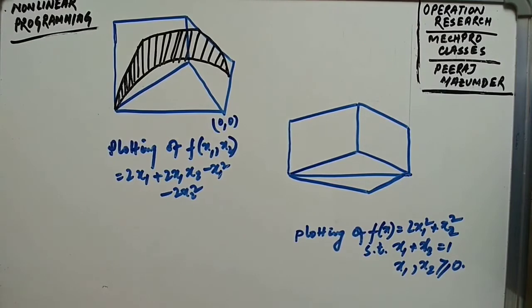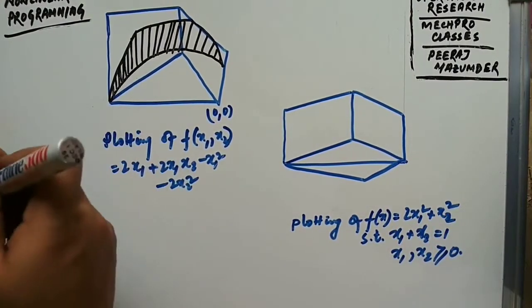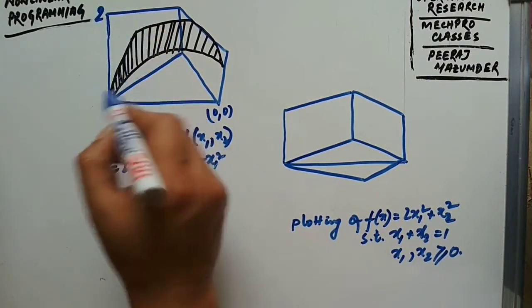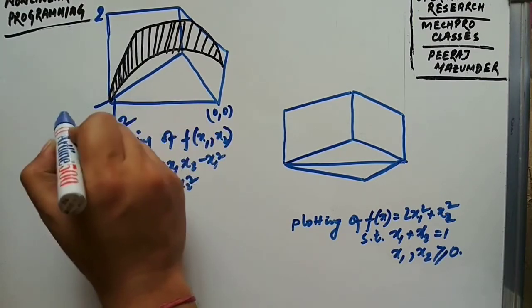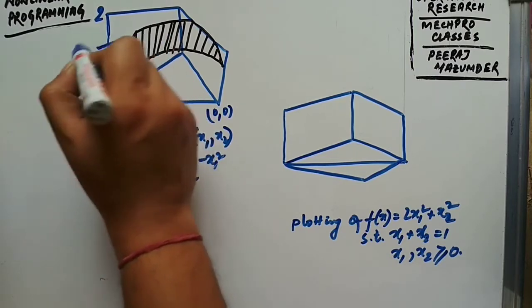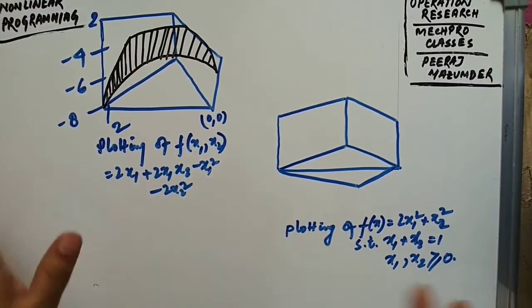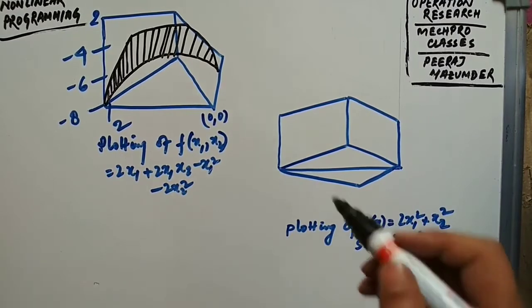Now I can write this is 2, and this is plus 2, this is 1, minus 8, and this is minus 6. This type of graph you will get when you try to plot this unconstrained type non-linear programming.